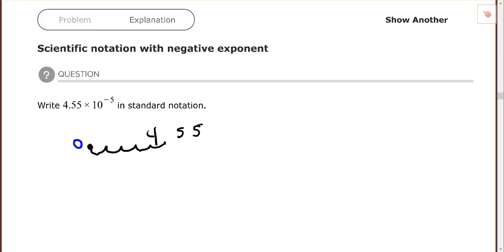Which means I need a 0 here, and then I need to fill in these spaces. So we get 0.0000455.